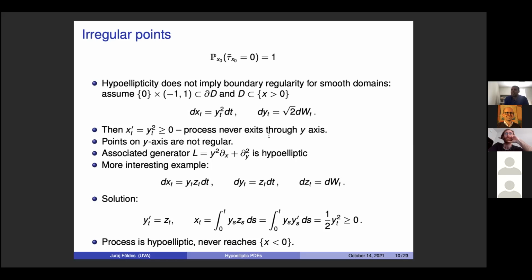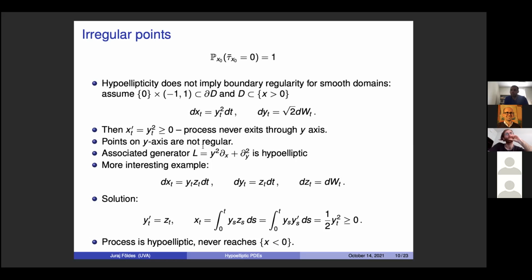So the process can never exit through the y-axis, right? If you are living in the right half plane, then x is increasing and it will never exit. That's the bad luck. So the boundary condition on the y-axis is never going to be attained in a continuous way. You can prescribe whatever you like, you're never going to see it because the process is not going to ever access this y-axis.